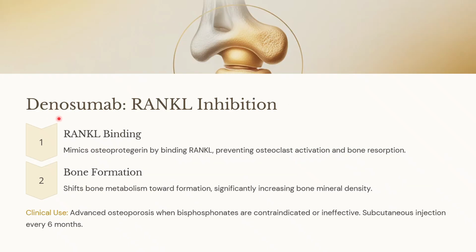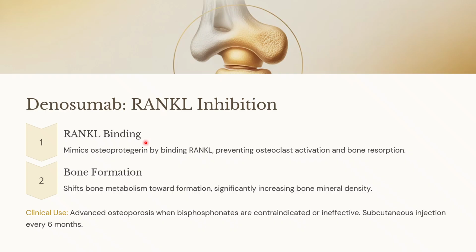Let's see about denosumab. Denosumab is the RANK ligand inhibitor. The RANK receptor and the RANK ligand, if they bind together, will cause osteoclast activation and bone resorption. Osteoprotegerin is a protective element which prevents the RANK ligand from binding with the RANK receptor.